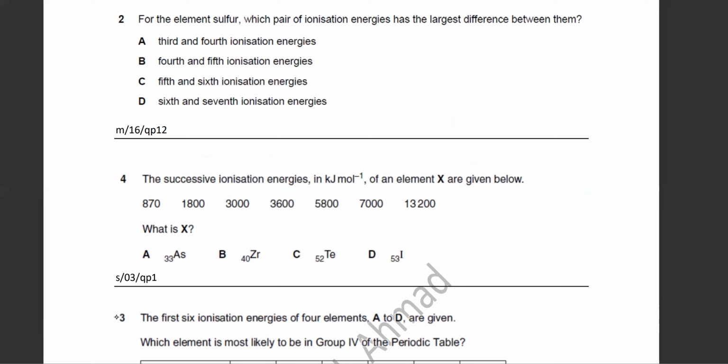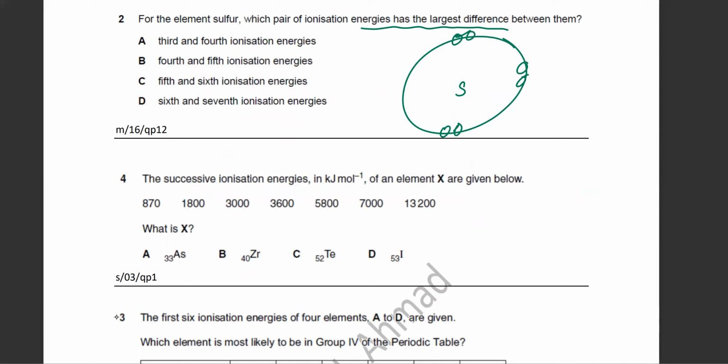Now for the element sulfur, which pair of ionization energies has the largest difference? So sulfur is in group 6. So when would the jump happen if it's in group 6? After which ionization energy would there be a big jump and a large difference? This one is kind of easy.